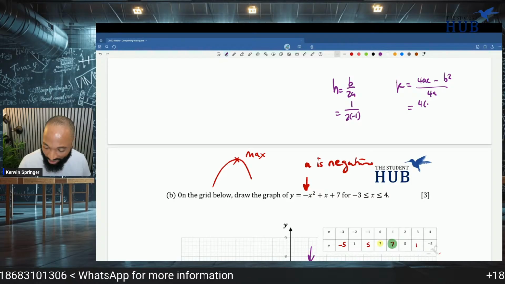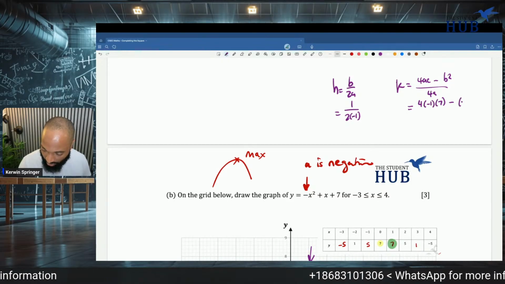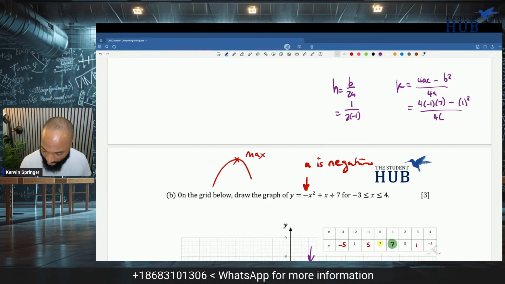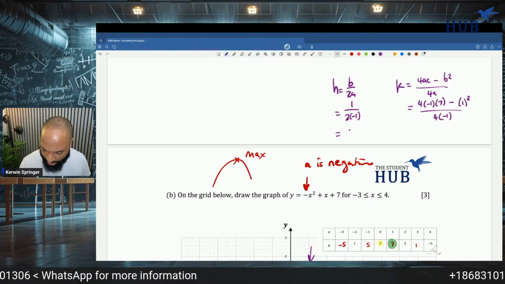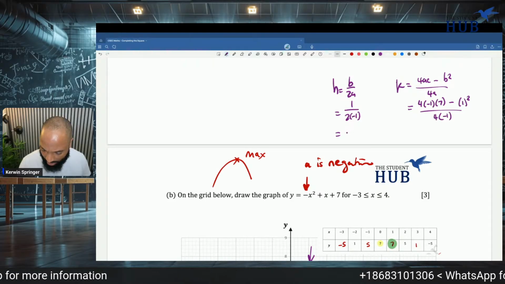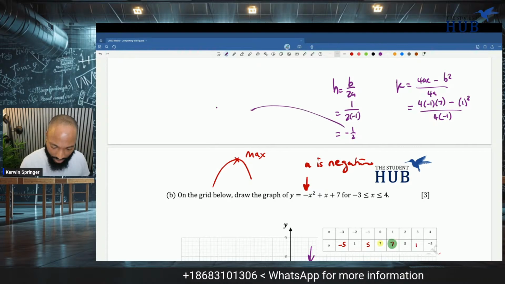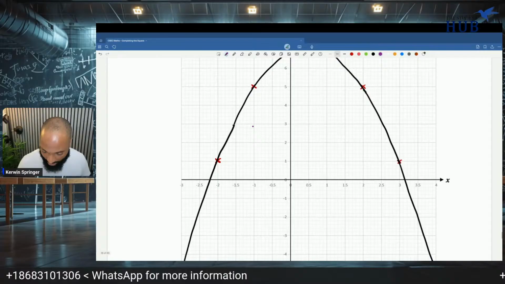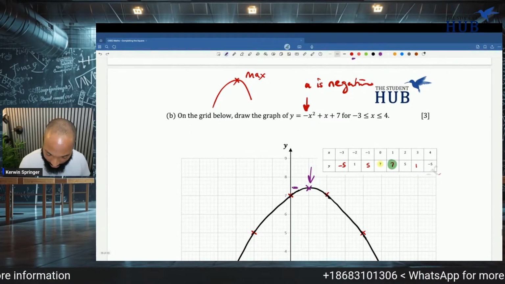I'm doing this undercover. 7 minus b squared, which is 1 squared, all over 4 by a, -1. So this one is -1/2. Yeah, so the x value for this would be 1/2, which I already know. I'm good with that. But I'm really interested in this value.